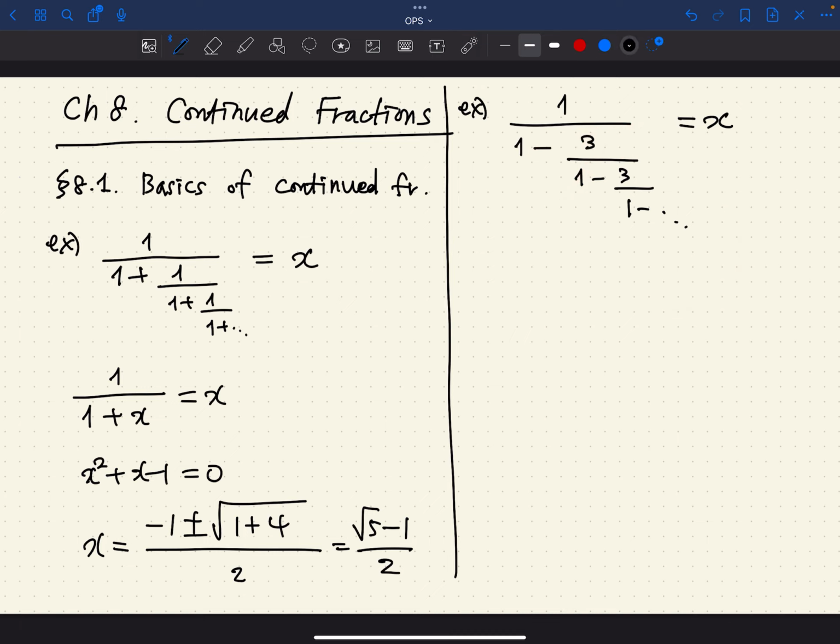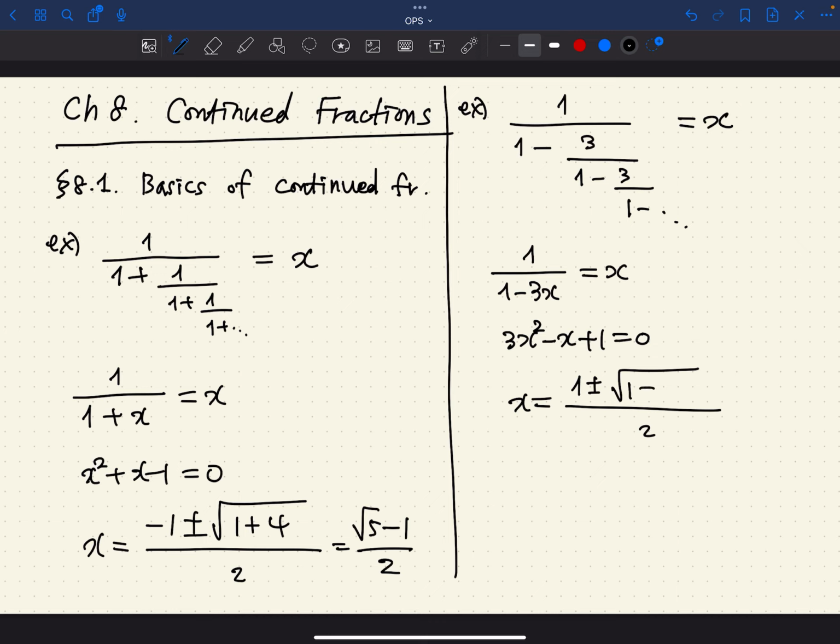So 1 over 1 minus 3x equals x. Now let's just solve it. If you multiply, then 3x squared minus x plus 1 equals 0. So x equals 1 plus or minus the square root of 1 minus 12.